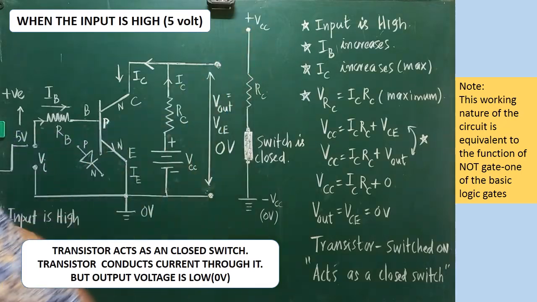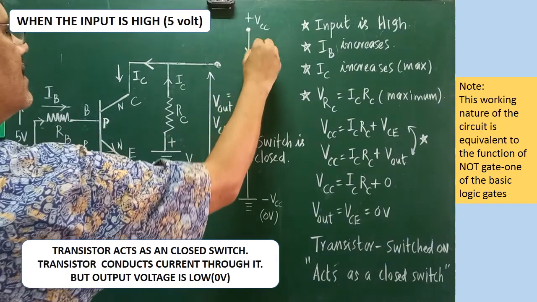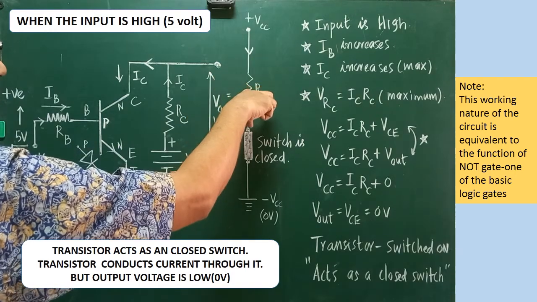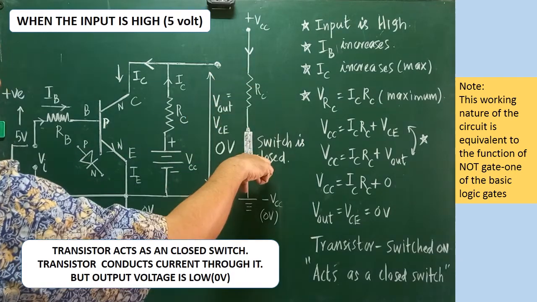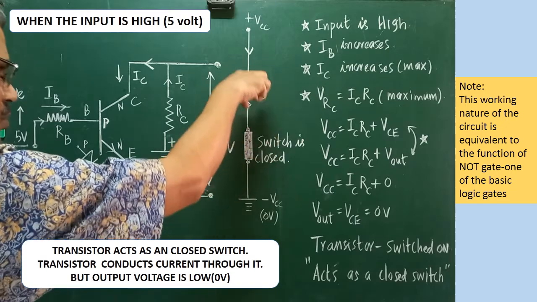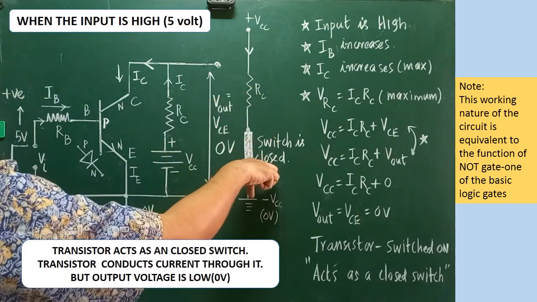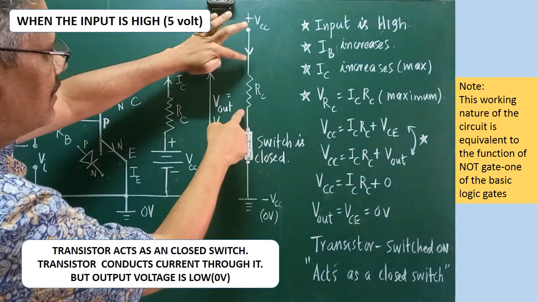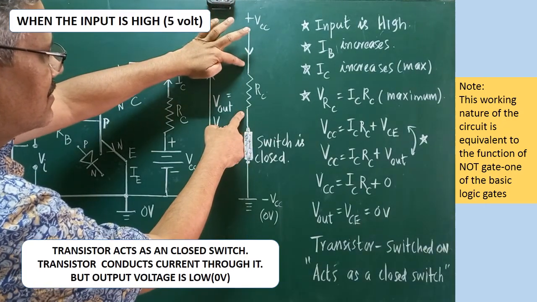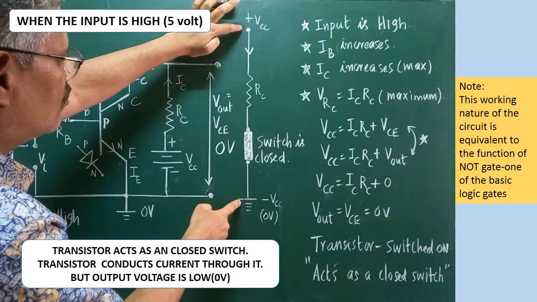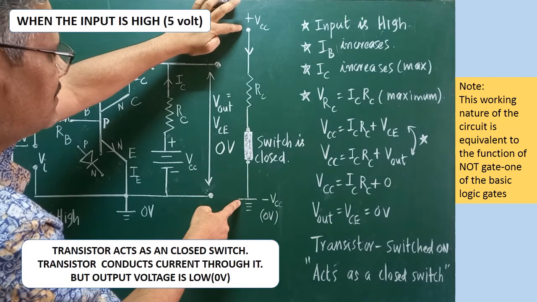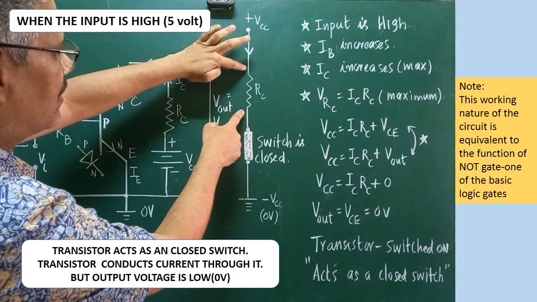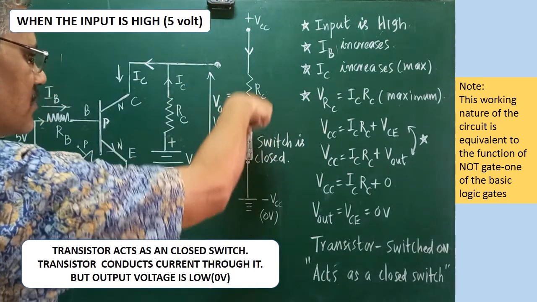The current will flow from plus VCC through the RC, and it also passes through the switch. Since the switch is closed, through the switch current flows. If the voltage is 10 volt, the same 10 volt will appear across this resistance. So the entire voltage between plus VCC and minus VCC, if it is 10 volt, the same 10 volt will appear here because through the switch current flows.